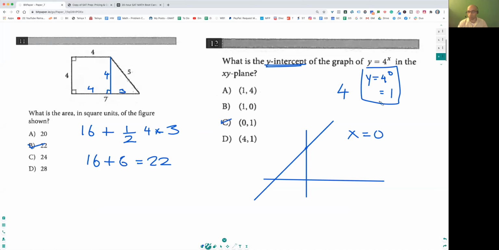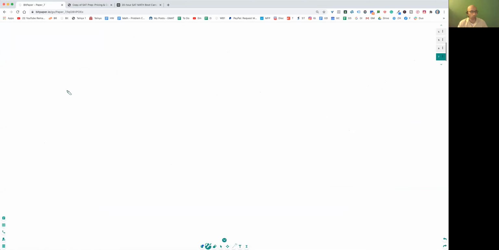In fact, you don't even need to solve 4 to the 0. You just note that x is 0, and you get the answer. You really don't have to work hard at it. Just set x to be 0. That's the only one that has that 0 value as the x coordinate. Okay. Now this one.